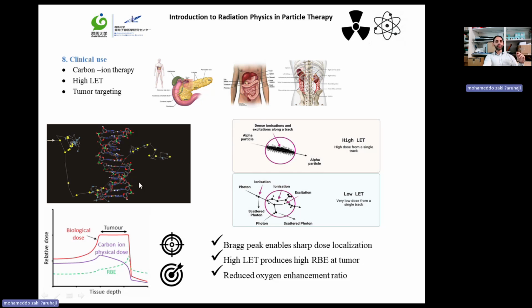We know that our high LET can cause double strand breaks easily. We know that we are capable of sending sharp dose localizations because of our Bragg peak.